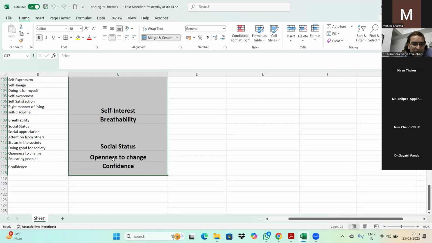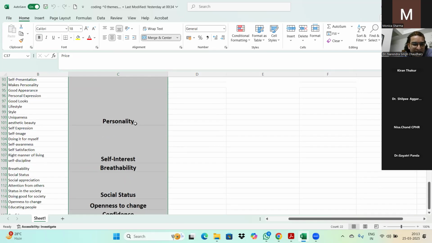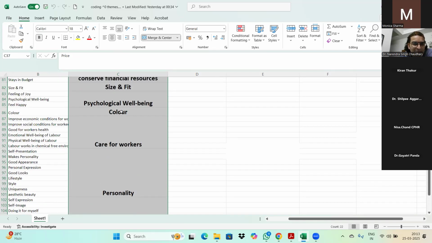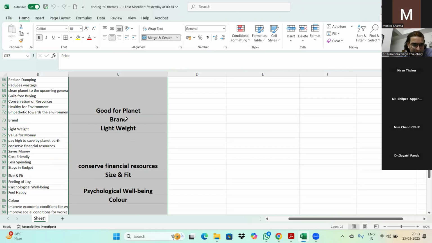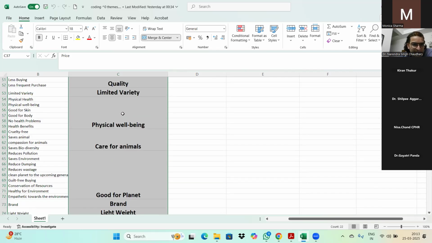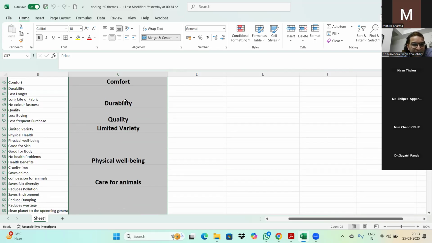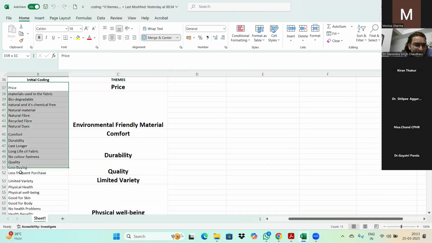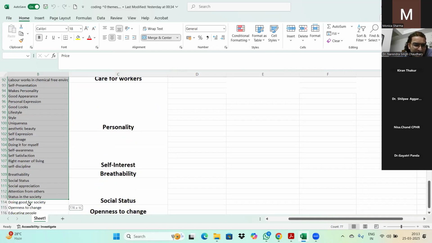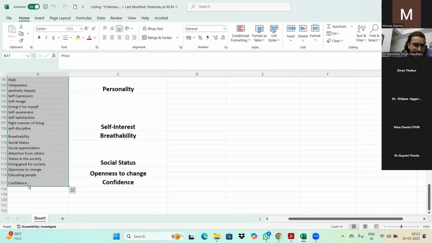If you count: 2, 3, 5, 6, 7, 9, 11, 14, 16, almost 20, 26. But if you compare this one, the count is quite more, correct? Correct. So this is my open coding, then I'm going to the second one.